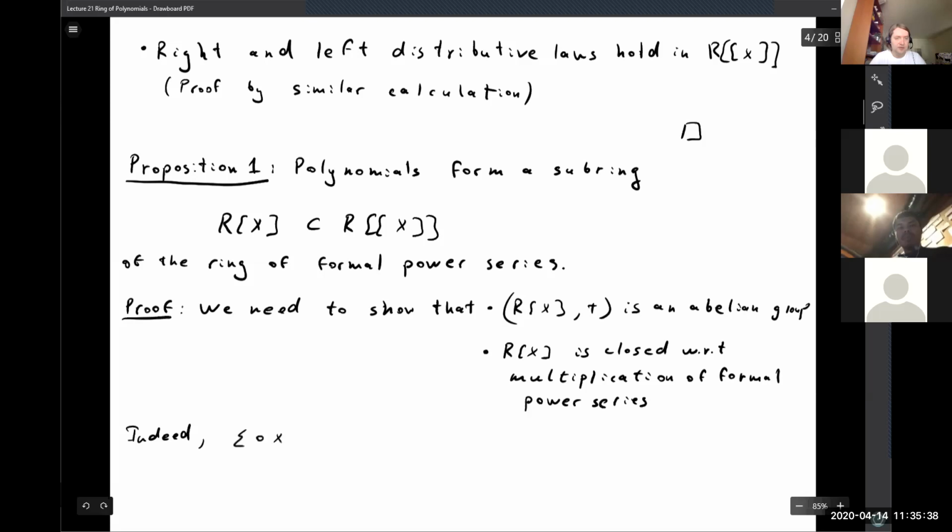The sum from i equals 0 to plus infinity is a polynomial.